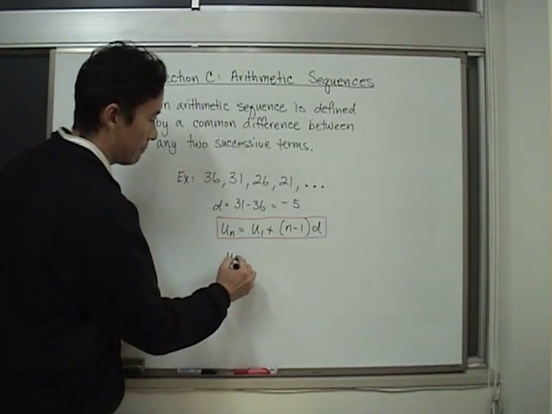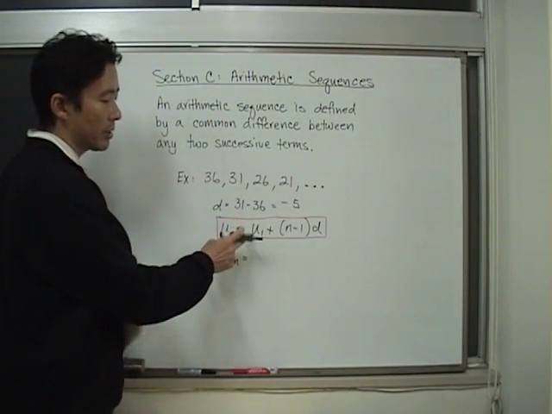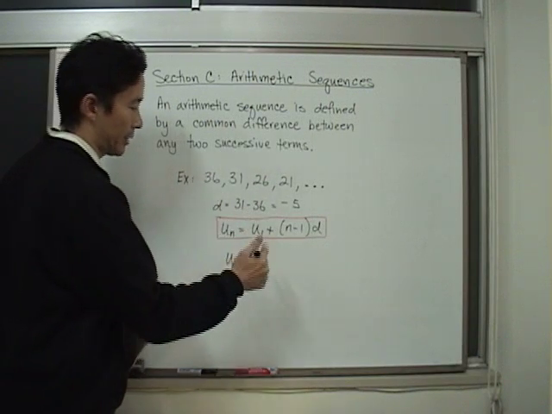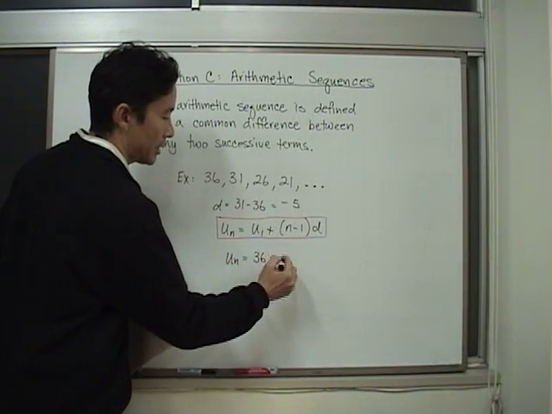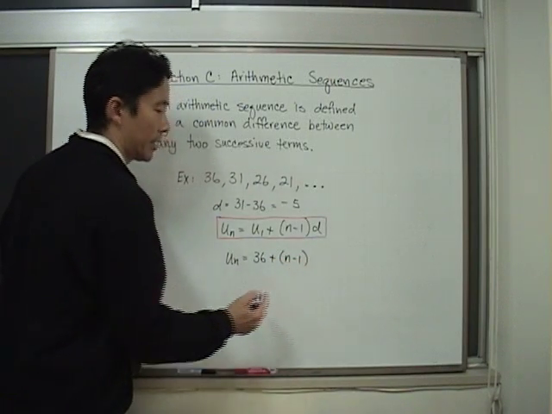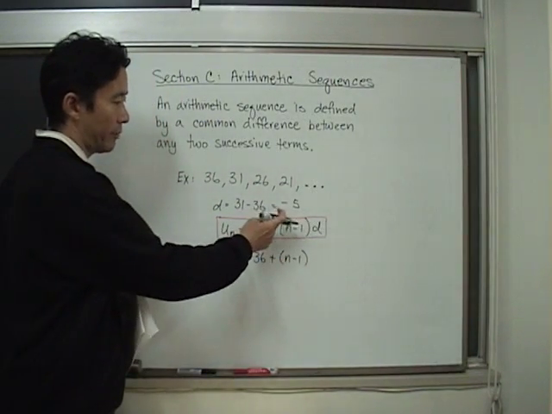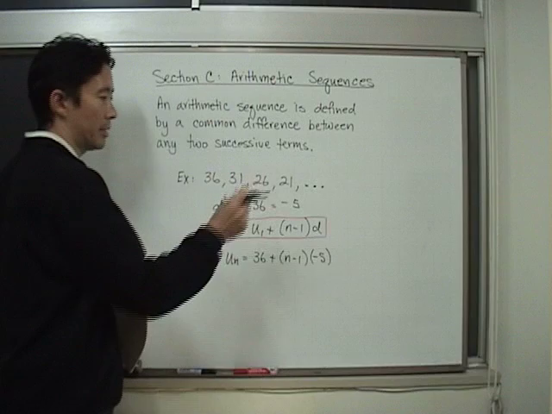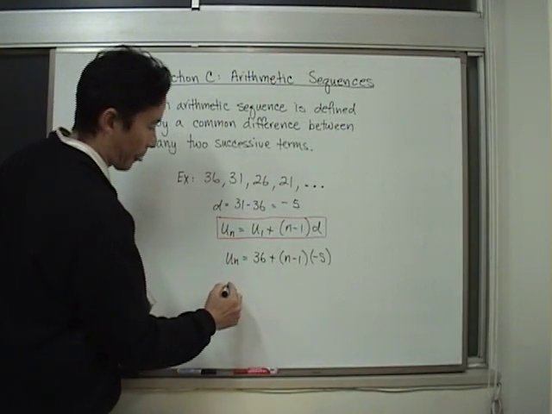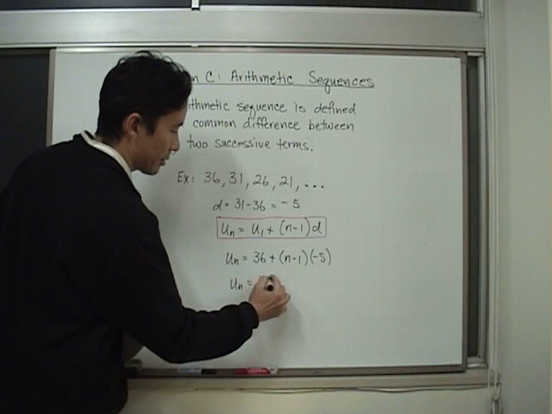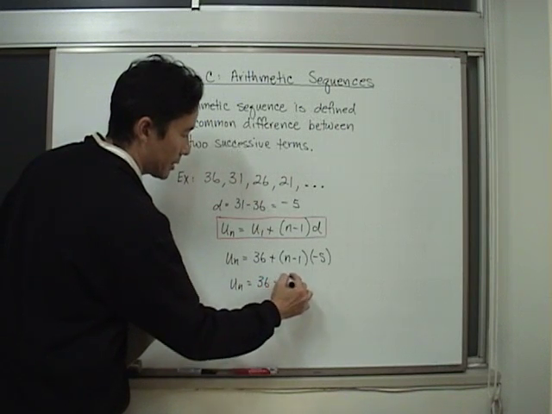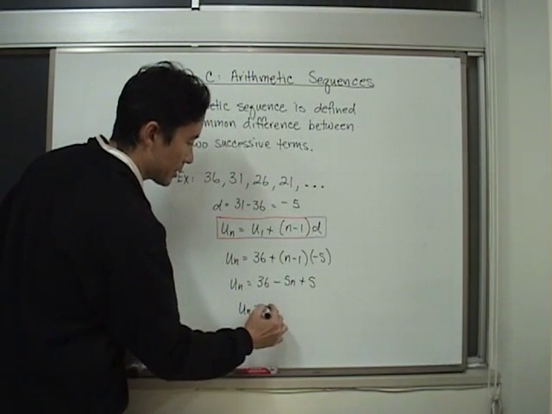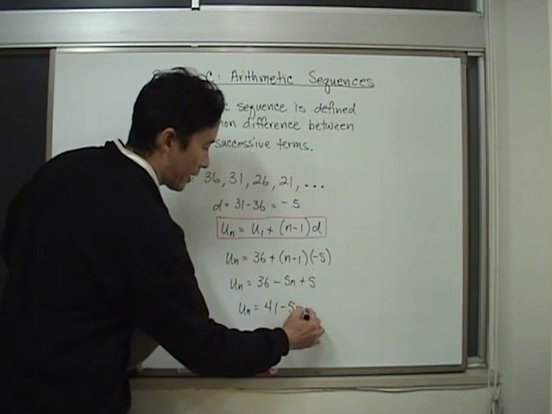We know that u sub n is going to be equal to u sub 1, and remember u sub 1 refers to the first term of the sequence. That will be 36. Plus n minus 1 times d, and of course we found out that d was going to be -5, and that is going to be common between all of the successive terms. So there you go. u sub n is then going to be equal to 36 minus 5n plus 5, and if we simplify this, u sub n is going to be equal to 41 minus 5n.